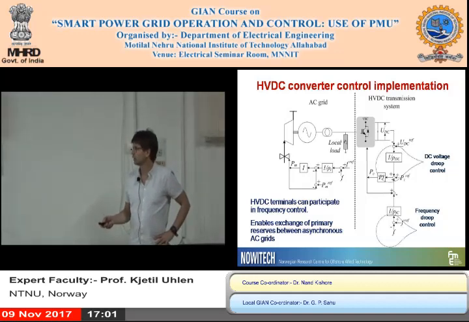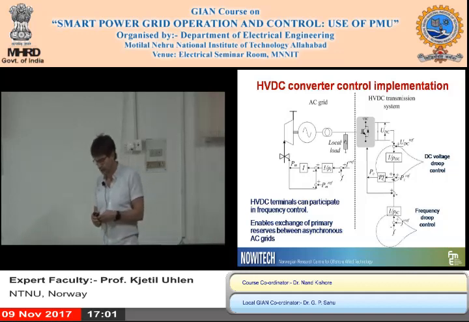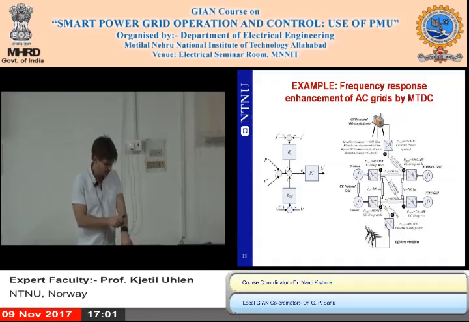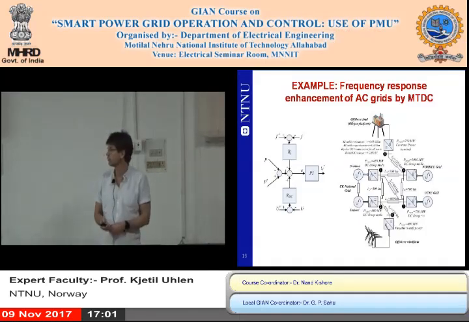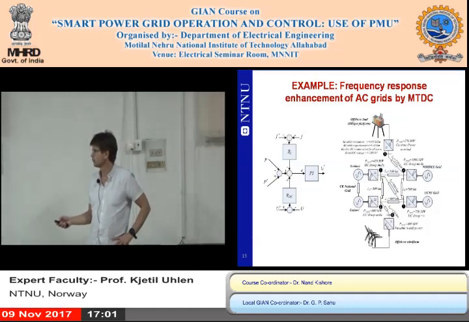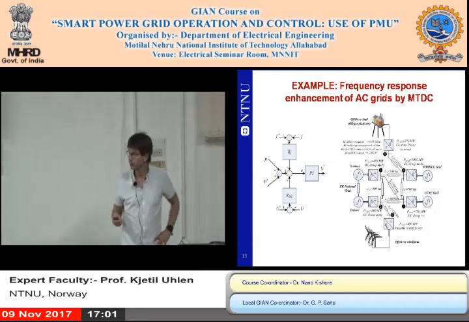So how can that help us in exchanging reserves? That is an example from a PhD thesis that one of my students did a couple of years ago now. We have modeled very simply something that resembles the North Sea area.